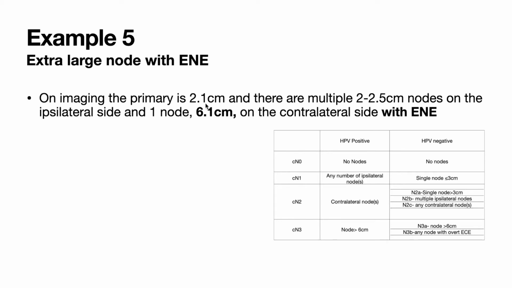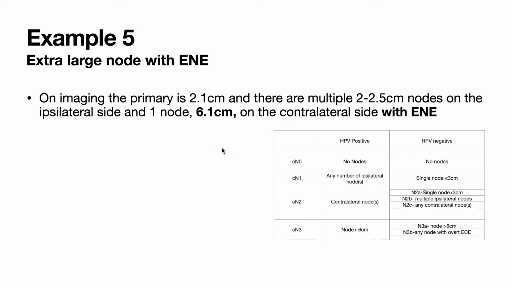On imaging, the primary is 2.1 centimeters, and there are multiple 2 to 2.5 centimeter nodes on the ipsilateral side, and one node, which is extra large, 6.1 centimeters, on the contralateral side with E&E. Again, a lot happening over here. We have a really large node on the contralateral side with E&E. For HPV positive, we have a T2 contralateral.